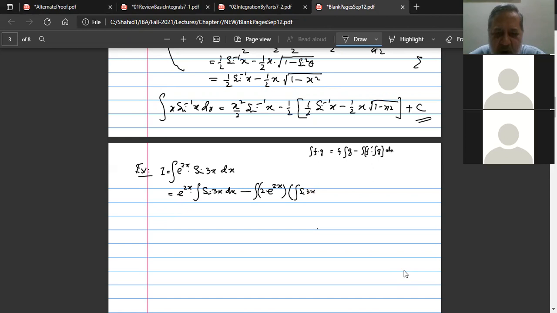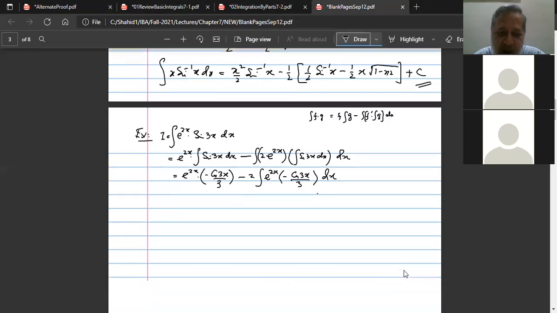So I'll go slowly, step by step. e power 2x. Integral of sine is minus cosine, but here sine 3x है, so minus cos 3x upon 3. Minus ये 2 बाहर आ गया constant. Integral e raised to power 2x, integral of sine 3x minus cos 3x upon 3 dx.